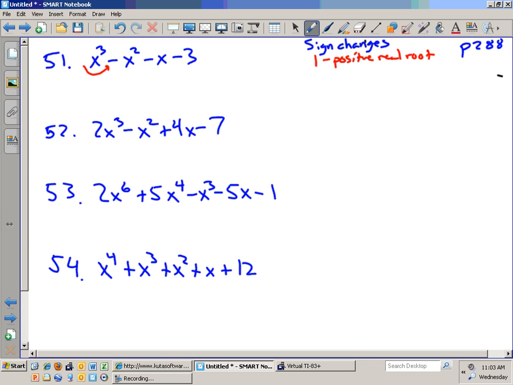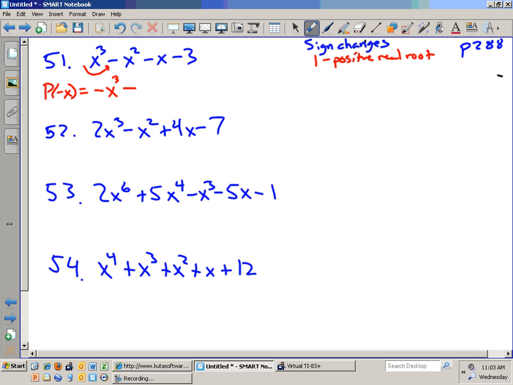Now, in order to find out the number of negative ones, I would do p of negative x. Follow me through here. I'm going to plug in negative x. If you take negative x to the third power, are you going to come up with a positive or a negative? Negative x to the third.